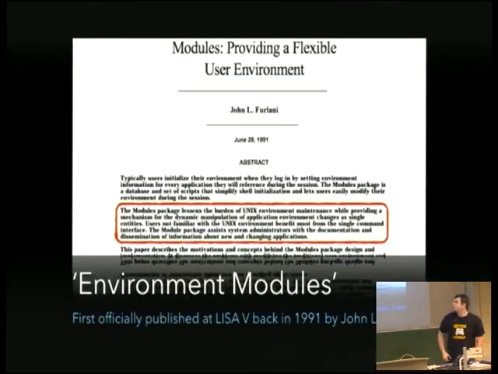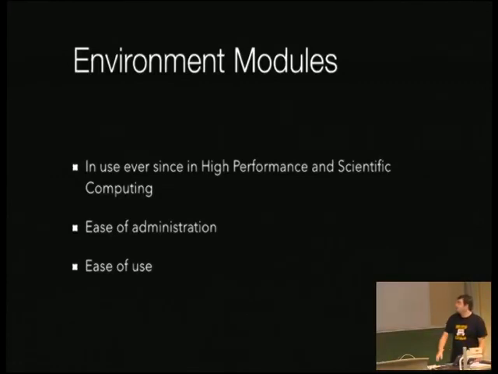Okay. Environment modules were first introduced in 1991 by John Polanyi at Lisa 5. They're a concept that were originally used before Linux. I think he did that on Solaris or something like that. Environment modules are in use ever since in high-performance computing and scientific computing, where they're the main tool to abstract the environment because of ease of administration and ease of use, which you will see very soon.